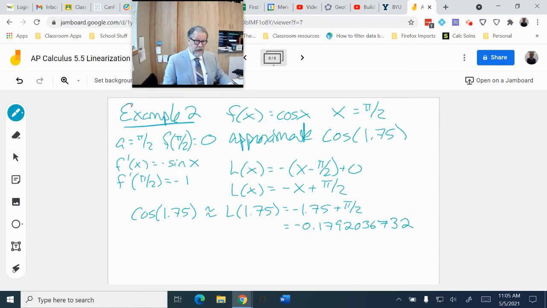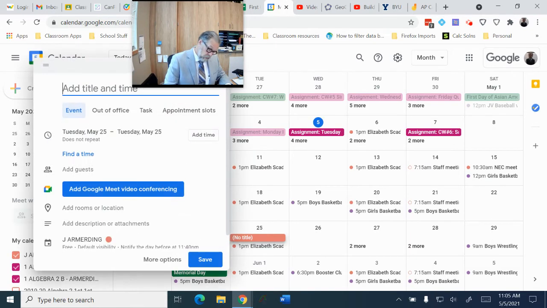Going a little crazy on the decimals because I want my error to be relatively accurate. How accurate is this? Well, cosine of 1.75, don't forget to put your calculator in radians, is actually negative 0.1782460556.